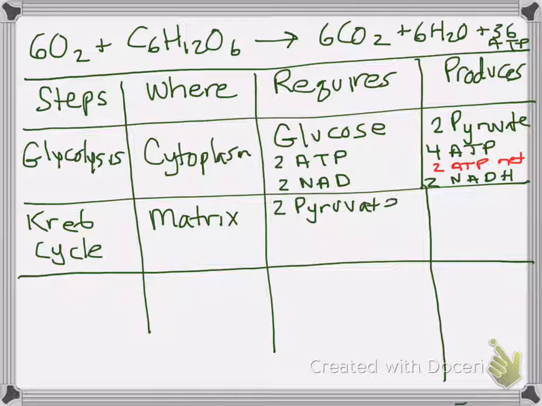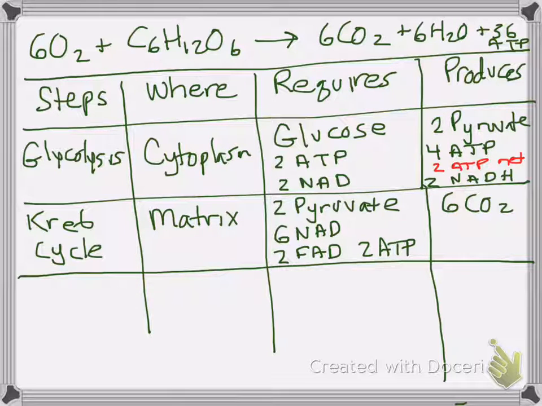It uses 6 NAD and 2 FAD and 2 ATP. This process is going to make your 6 carbon dioxide, 6 NADH, 2 FADH, and 2 ATP.